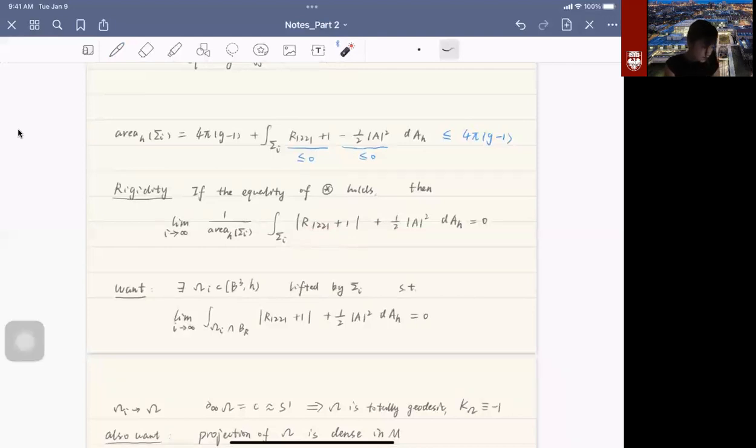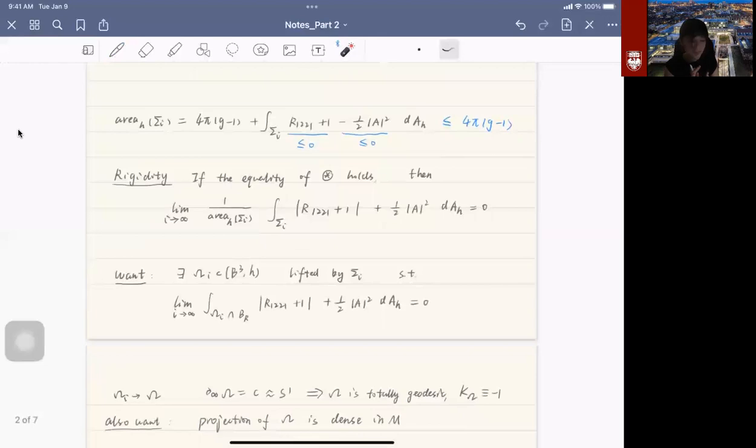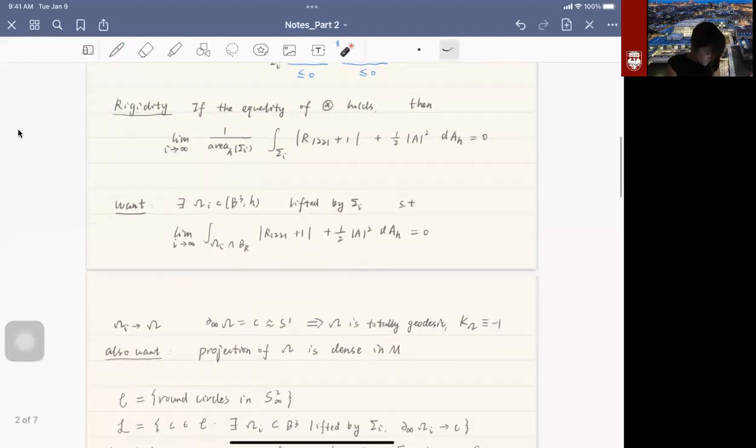And so we will look at the universal covers of the surfaces. We want to prove that there exists a sequence of disks omega I in the 3-ball with respect to H, which is lifted by each sigma I, such that the limit of the integral on omega I is equal to 0.